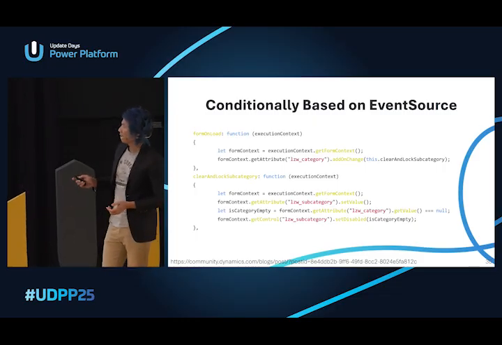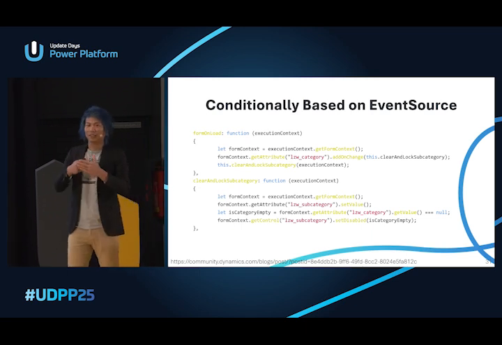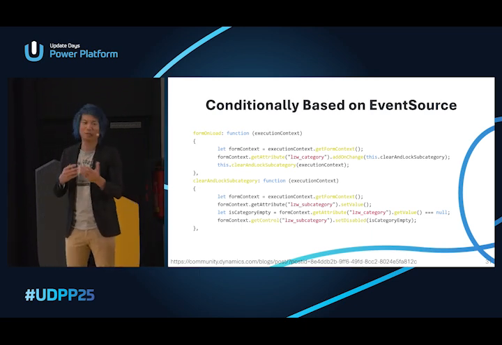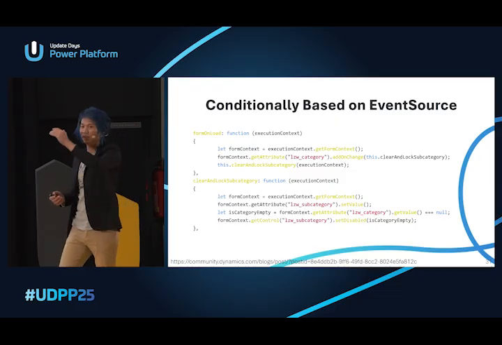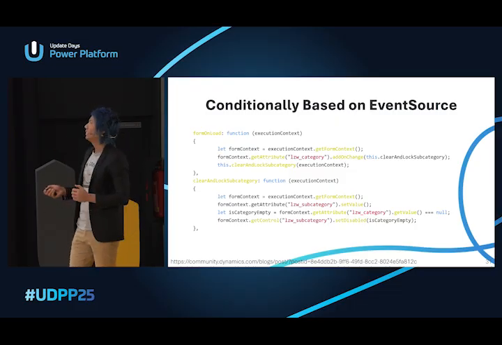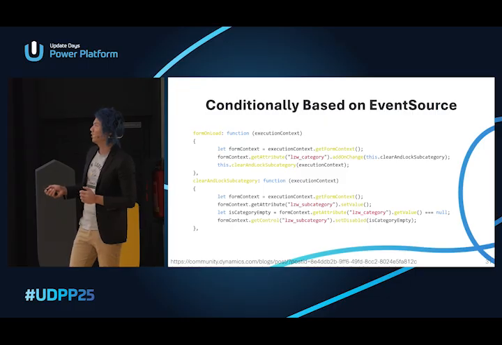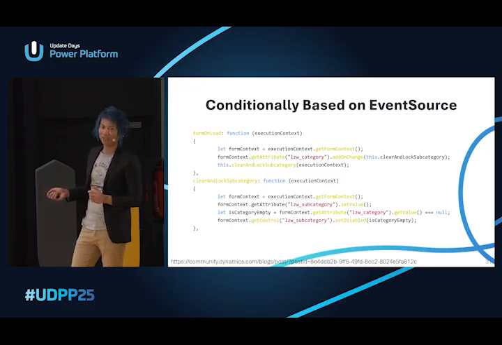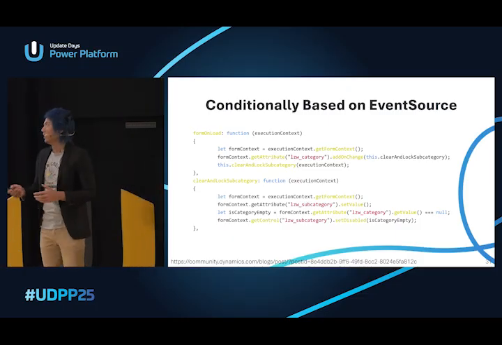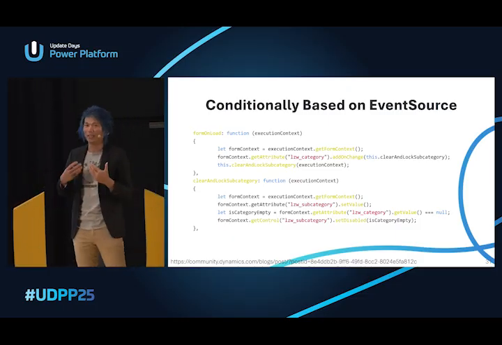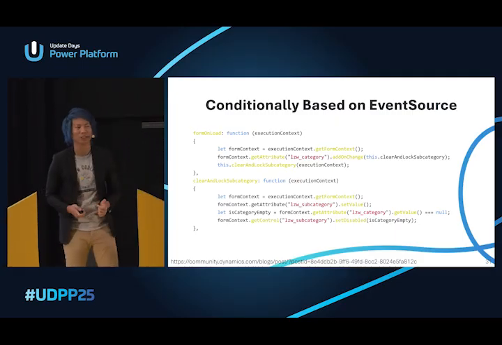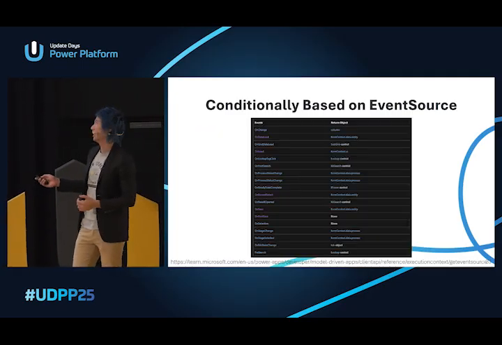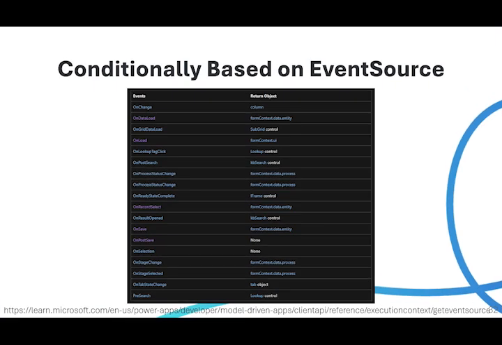And I want to do the enable, disable on the form load as well. Because I want to call it on load and also on change event. But if you call the same function in the onload, it just clears the value as well, right? So in this method, I want to know where it is coming from, whether it's coming from onload or from the onChange event. And in that case, you can use the event source.